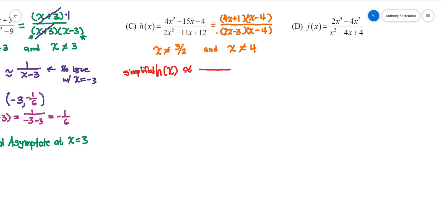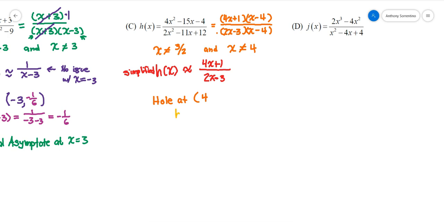The x minus 4's would cancel. I had the 4x plus 1 and the 2x minus 3. So the fact that the x minus 4 is canceled, and that's what caused x equaling 4 to be a domain restriction to begin with, indicates that I have a hole where x equals 4.